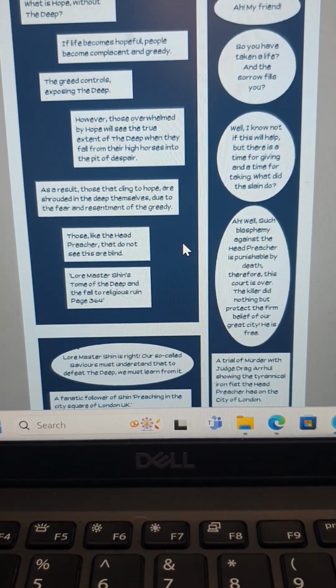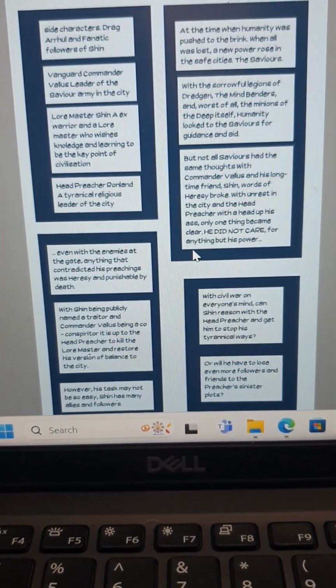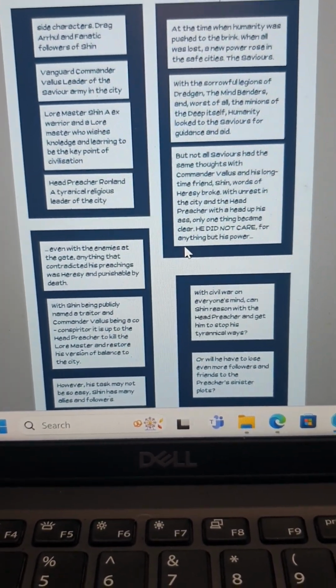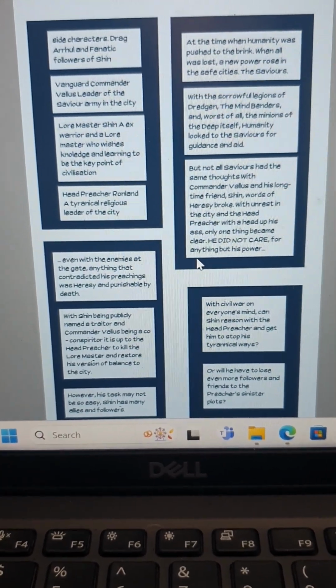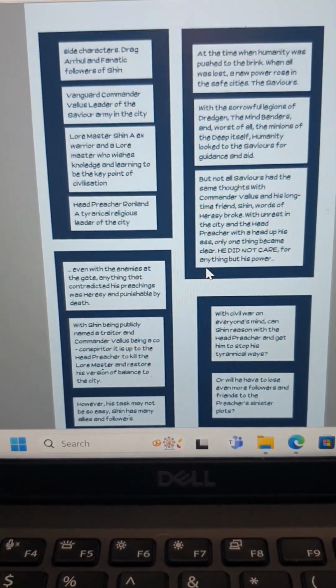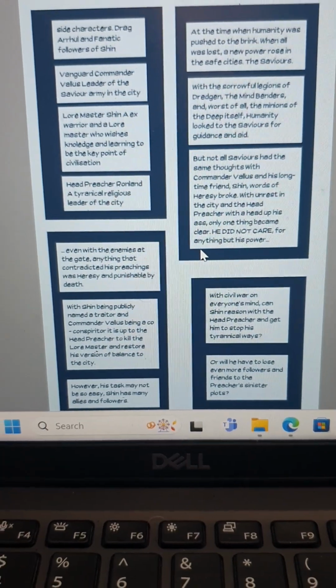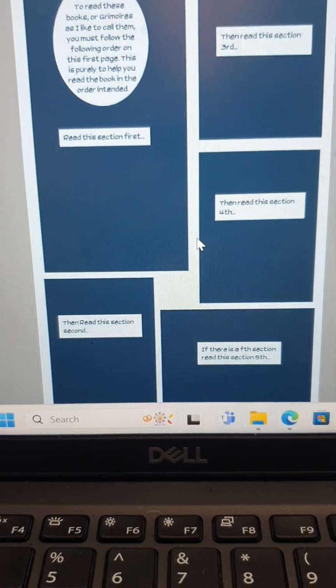And yeah, it shows the conflict and what people are willing to do in this period to gain power, and so on and so forth.